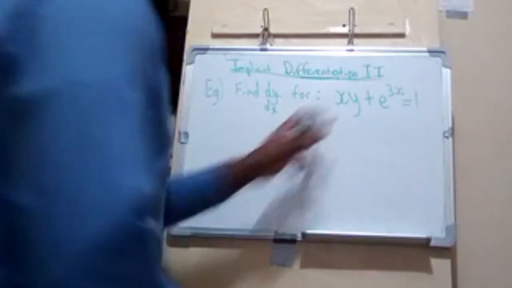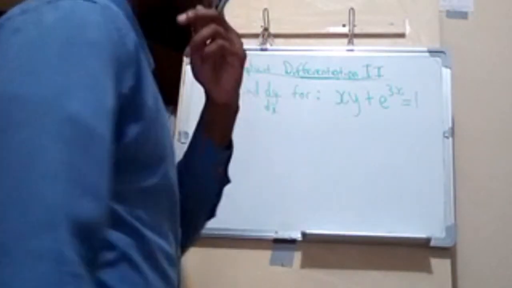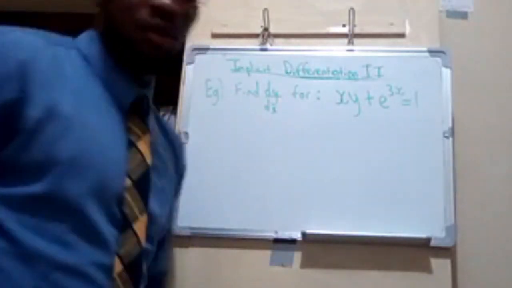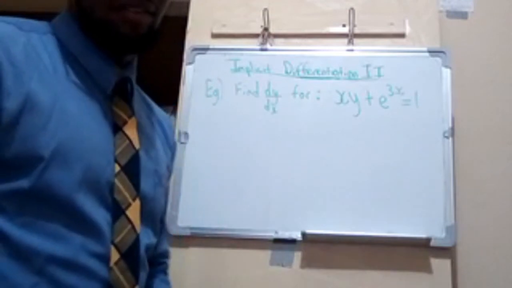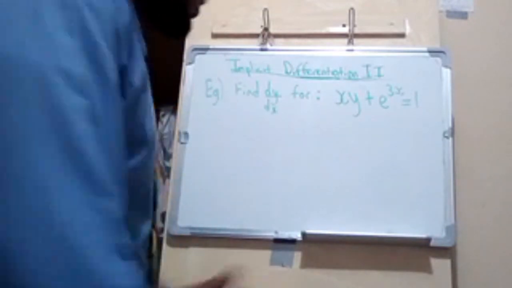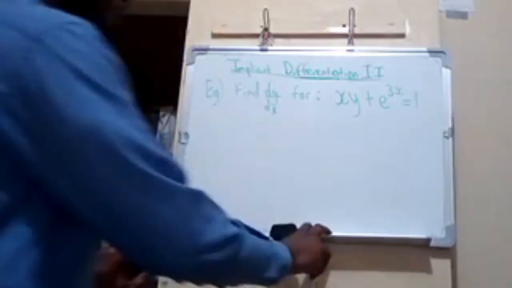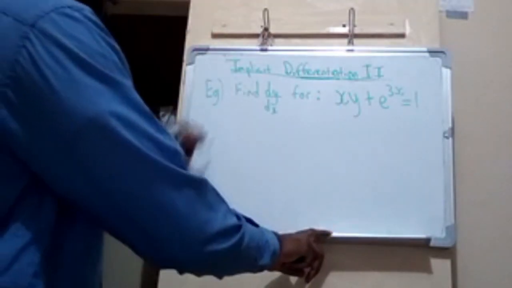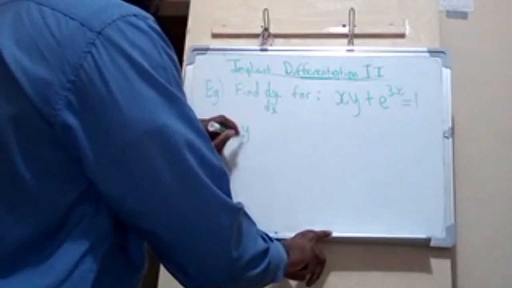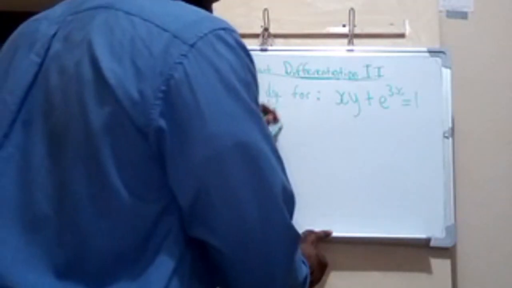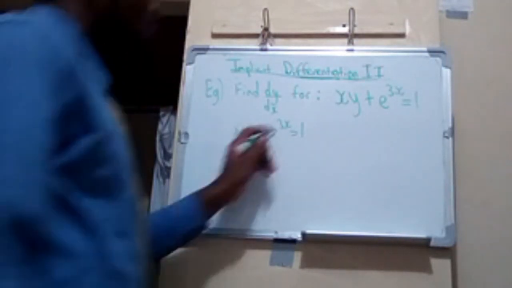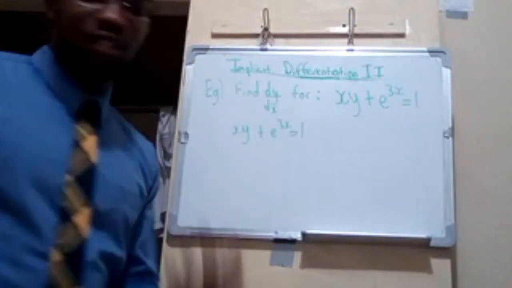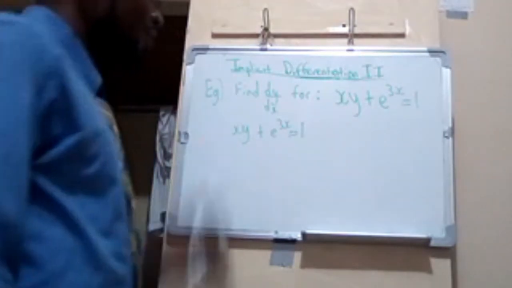This is a product, so we're going to use the product rule. Remember the product rule: for uv, it's u dv plus v du. So we're going to use the product rule to differentiate this. First thing is to write back the equation, xy plus e to the 3x equals 1, and then find dy by dx.